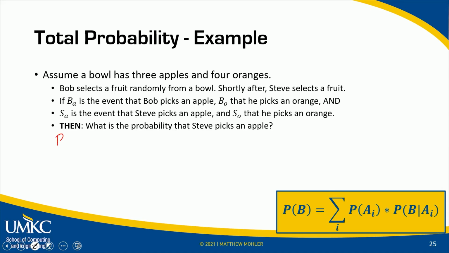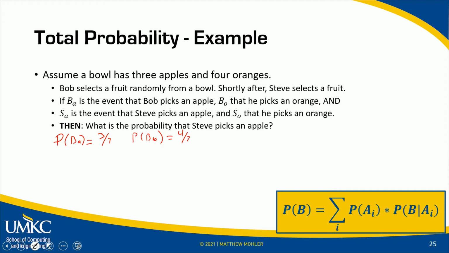So the probability of Bob selecting an apple is equal to 3 out of 7. There are 3 apples and 7 total fruits. Again, we'll assume that these fruits are equally likely to be selected. We can also say that the probability of Bob selecting an orange is equal to the other part of that. It's 4 out of 7.